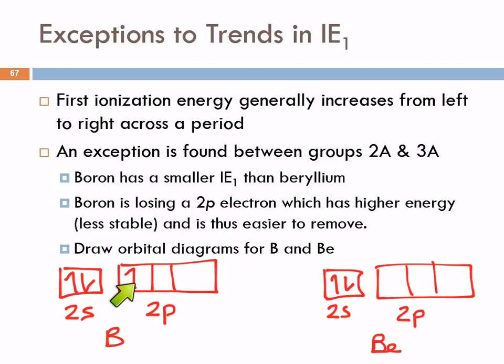This is less stable in energy than this 2s electron. The order of filling tells us that, for one thing. As you go from 2s to 2p, the 2p is a higher energy orbital. That makes it less stable. So it's easier to remove this one than it is to remove that one. But that's not what our general trend told us. So there's some glitches in the trend. Any questions?